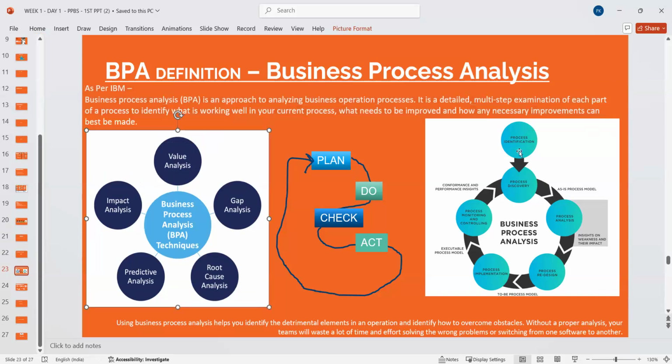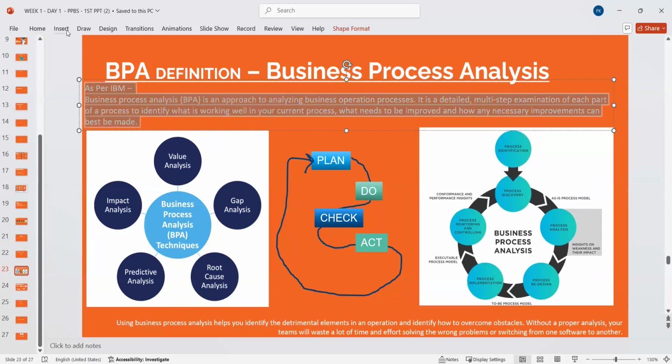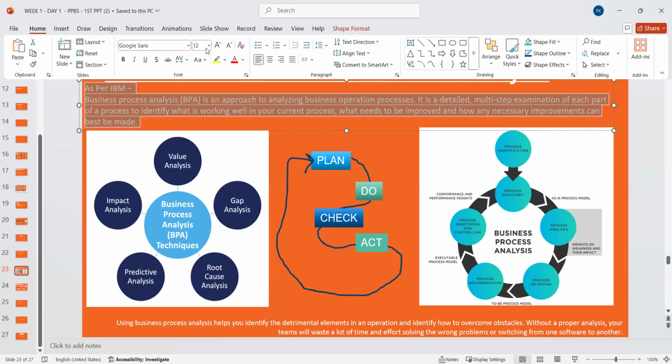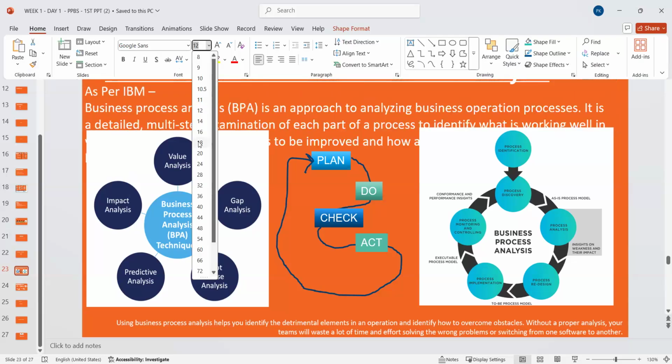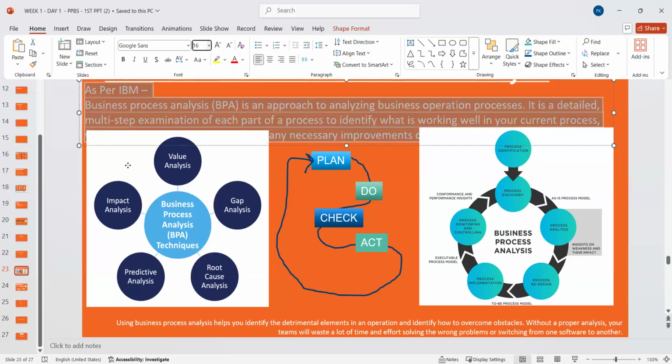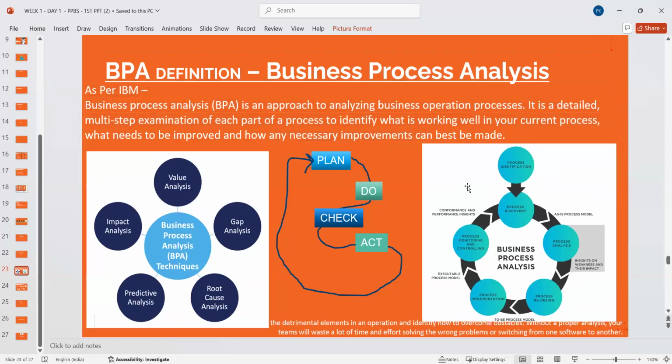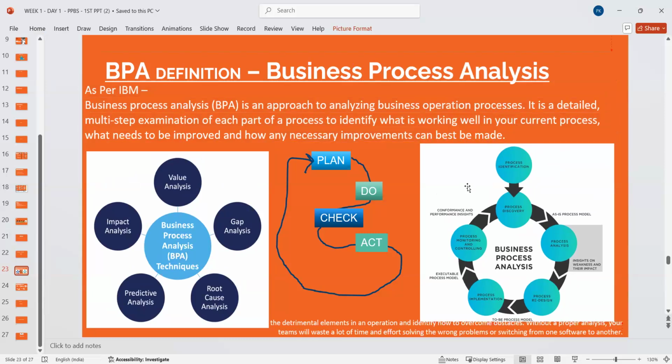Is it readable now? No, madam, very small. Now better? The left side is good.